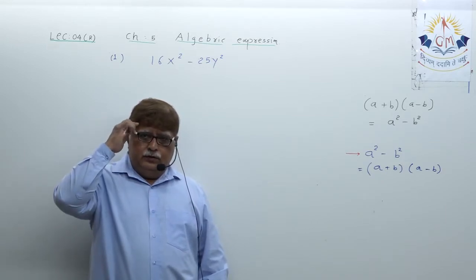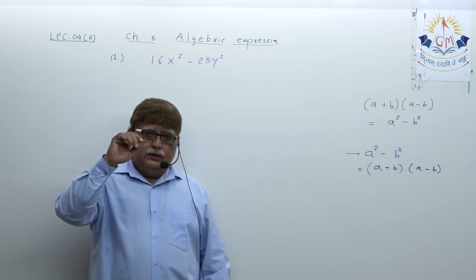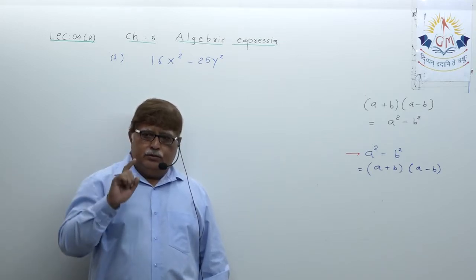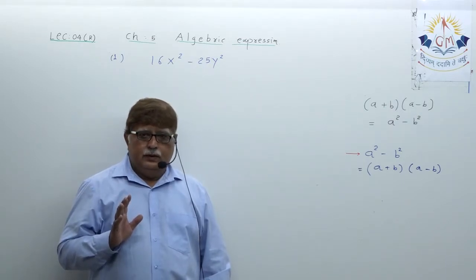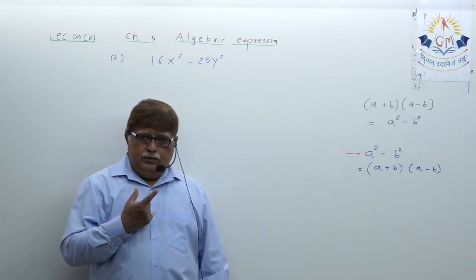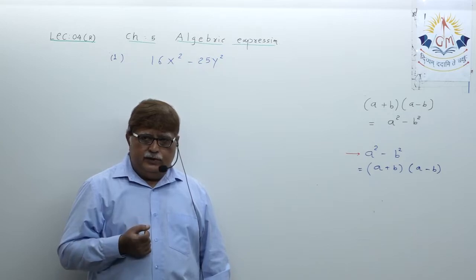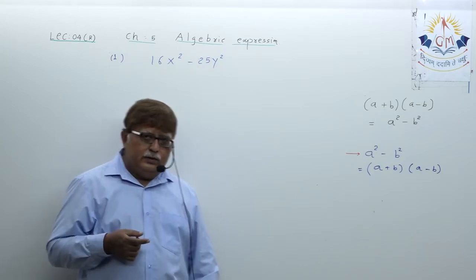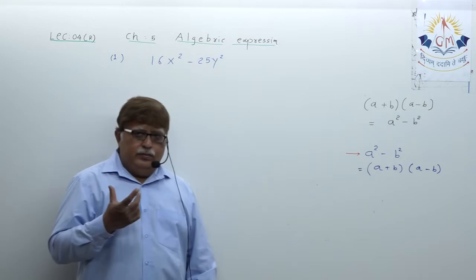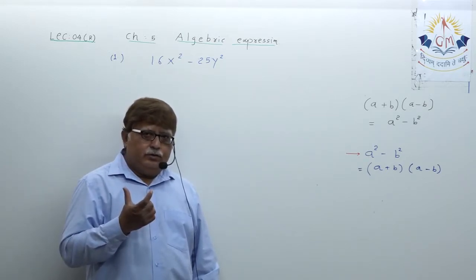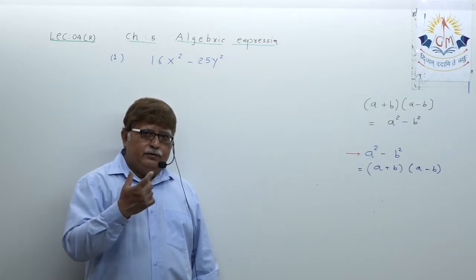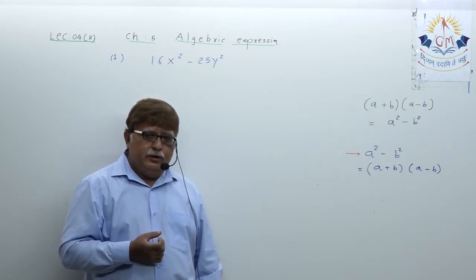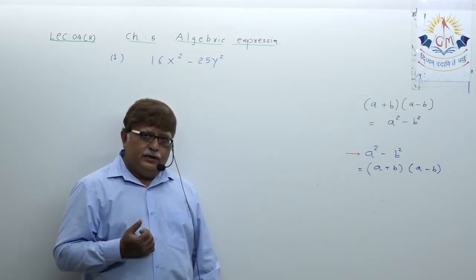Now you have to remember permanently how to apply those identities. I spoke again and again: a bracket has two terms, and when bracket square is there, you will apply that identity.